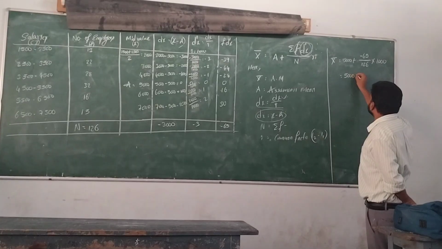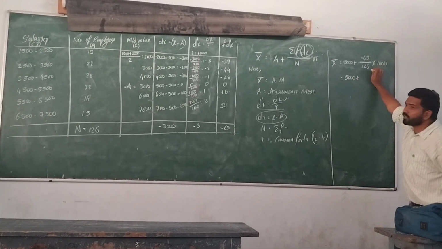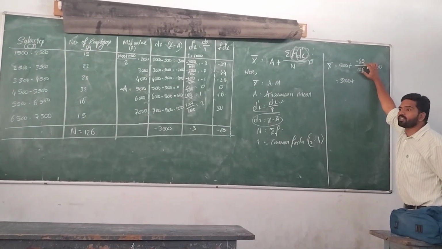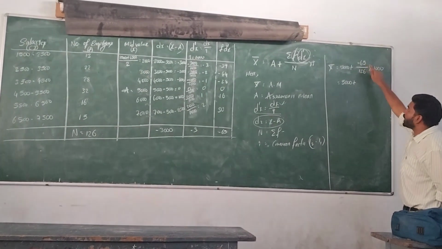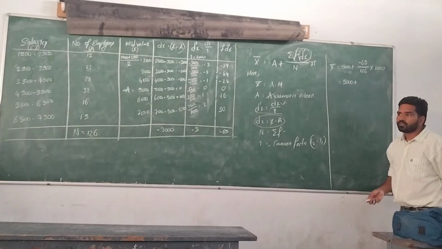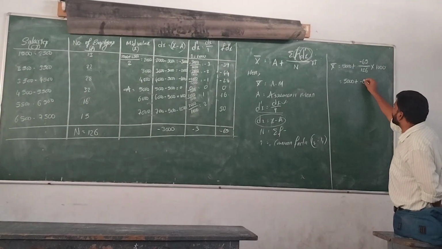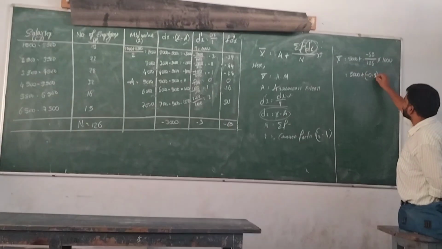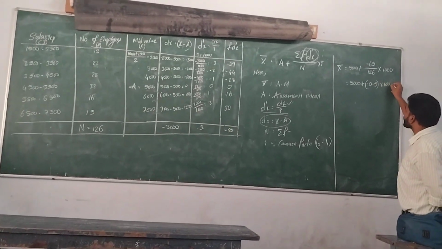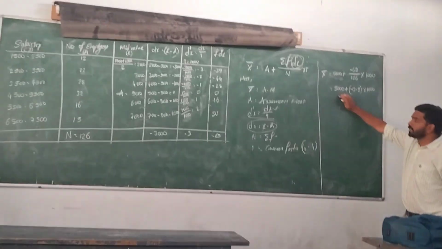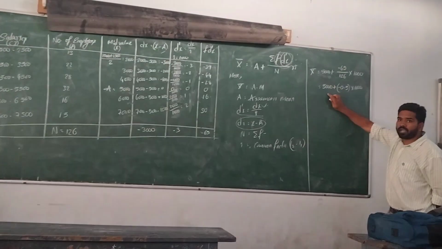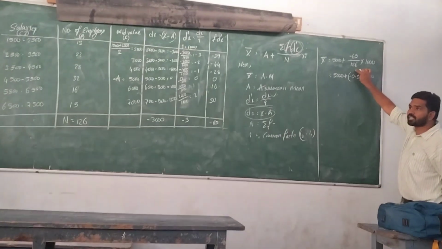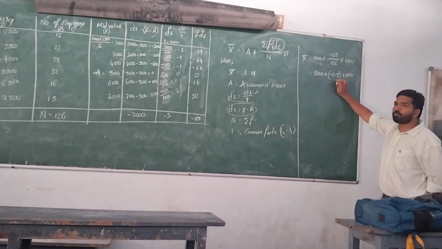5000 plus minus 65 divided by 126 into 1000. In the first step you have to do division. Minus 65 divided by 126, what's the value? Minus 0.5, into 1000. In the next step, bring down the 5000 plus minus 65 divided by 126, that you get minus 0.5.